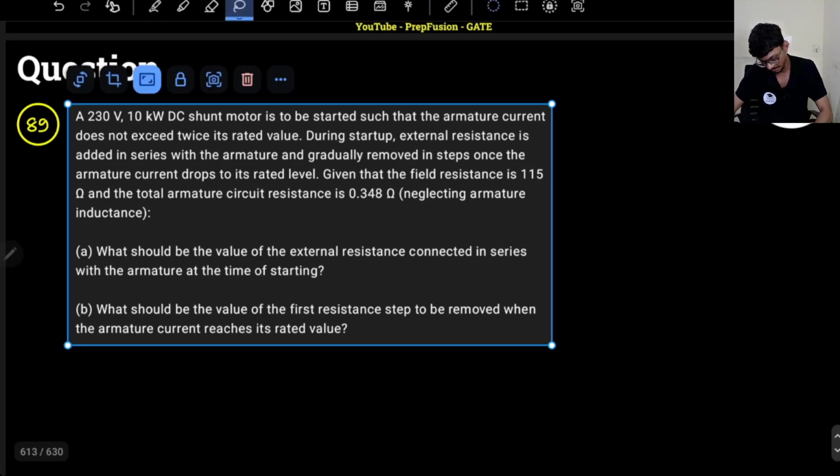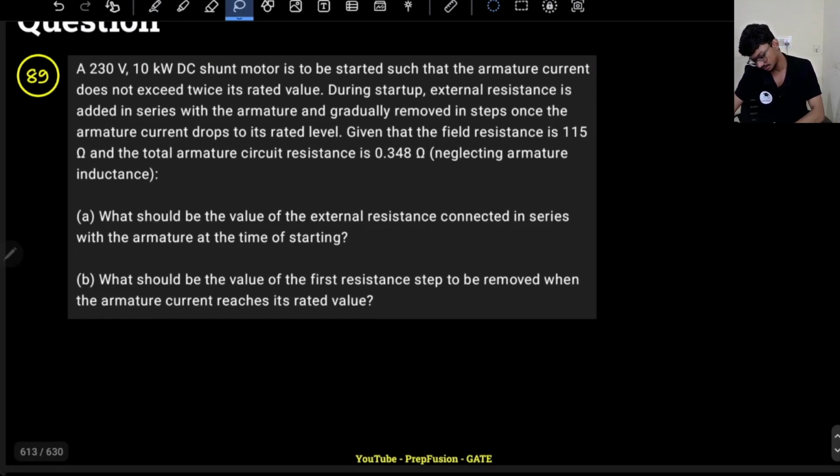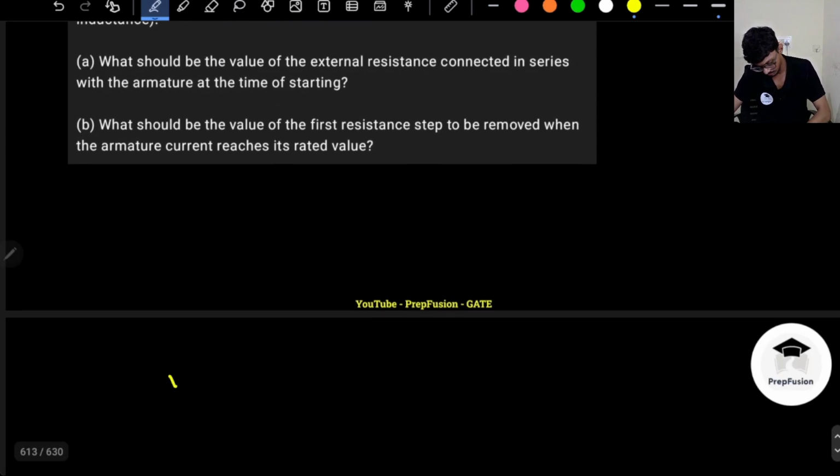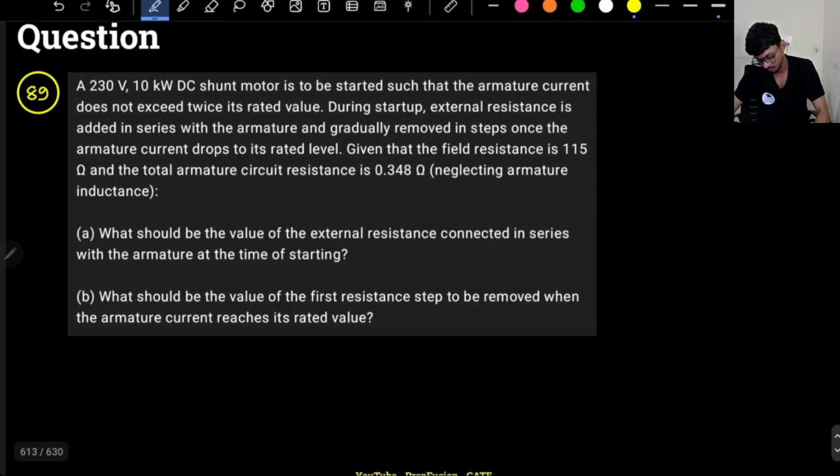We have a 230 volt, 10 kilowatt DC shunt motor.